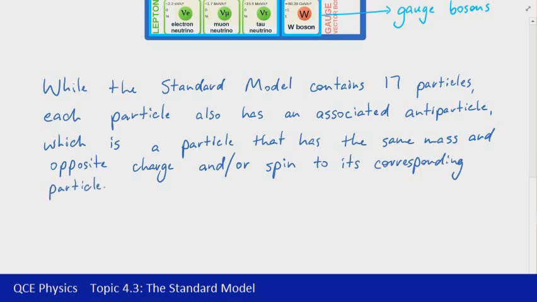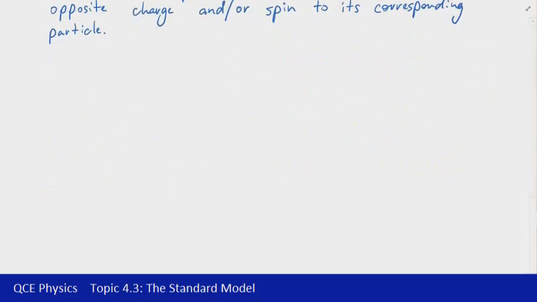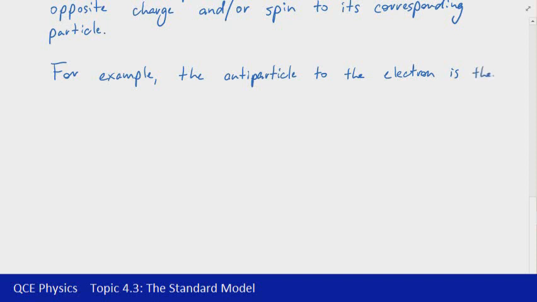To provide a bit more of an example, let's have a look at the electron. We've dealt with the electron in a fair bit of detail, and we know a few properties about an electron. The antiparticle to an electron has the same mass as the electron, but it has the opposite charge. That particle is known as the positron.